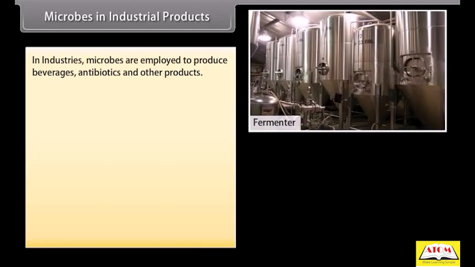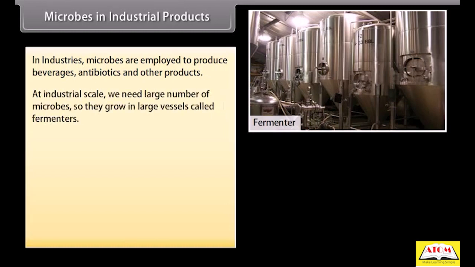Microbes in industrial products. In industries, microbes are employed to produce beverages, antibiotics and other products. At industrial scale, we need a large number of microbes, so they are grown in large vessels called fermenters. Fermented beverages.